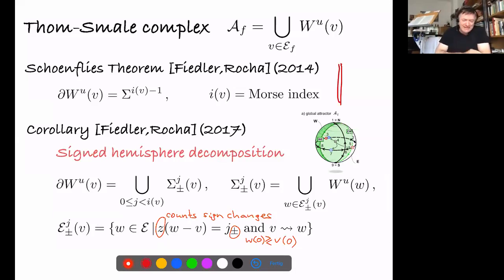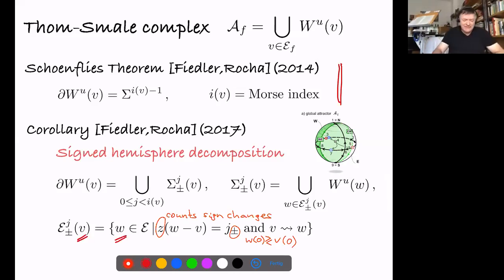This signed hemisphere decomposition is related to counts of sign changes. So you take an equilibrium V, and you take its unstable manifold. You take the boundary. We already know by our Schoenflies theorem that this is a sphere.